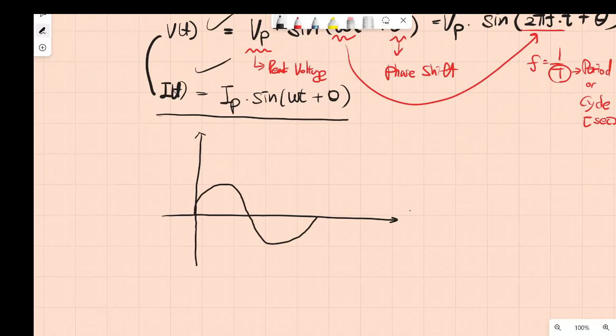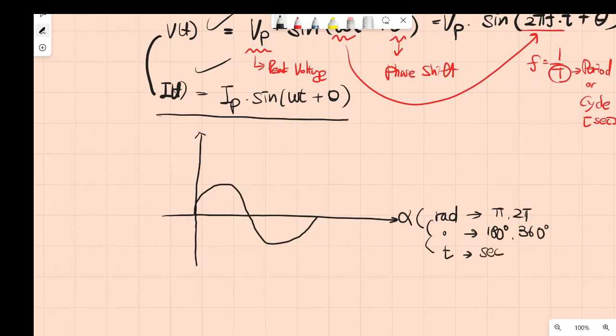The angle is sometimes in radians, sometimes in degrees. For example, pi is 180 degrees, and 2 pi is 360 degrees. Sometimes the axis is time instead; it depends.